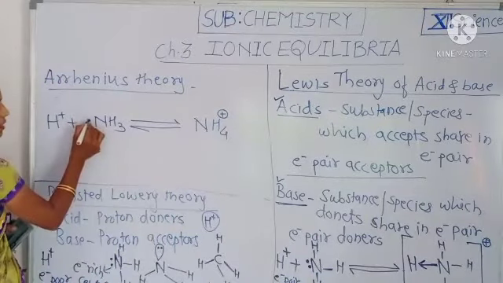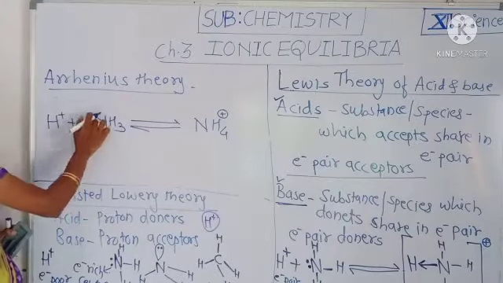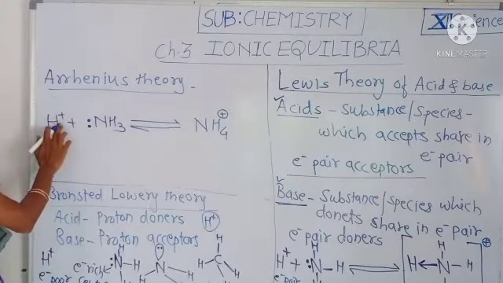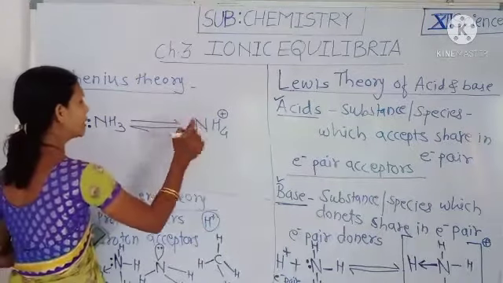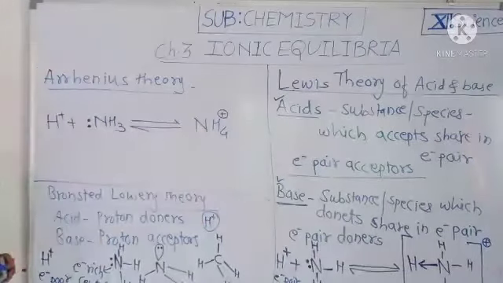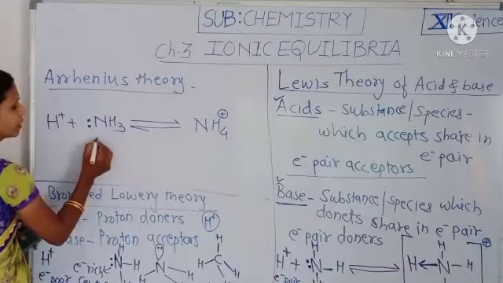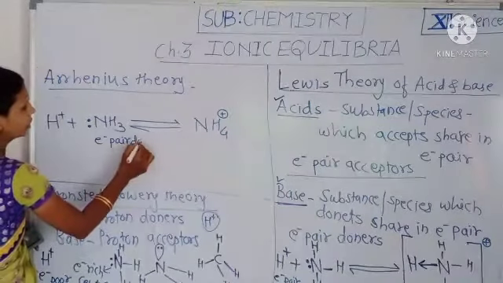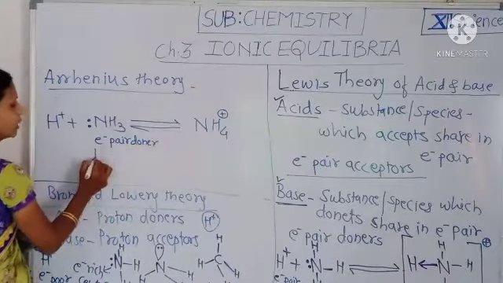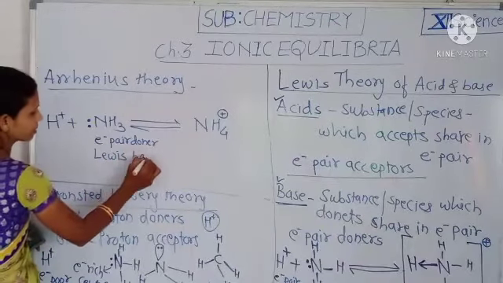When this electron pair which resides on nitrogen shares the electron pair with H plus ion, it forms the coordinate covalent bond or dative bond. And here ammonia is an electron pair donor. Therefore, it is a Lewis base.